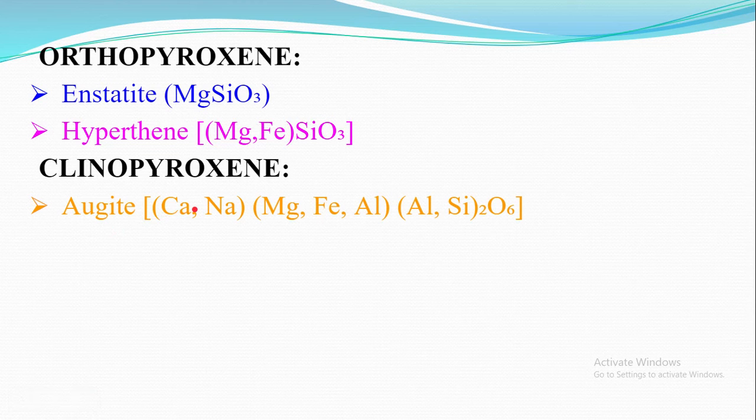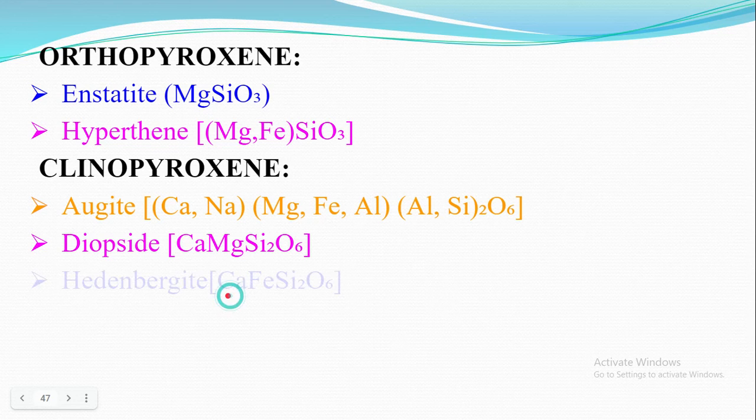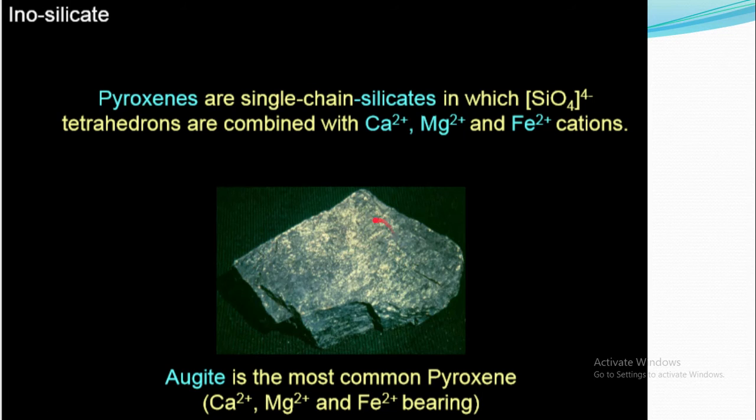You can remember all these formulas here. Then diopside, you see again calcium, magnesium; hedenbergite, calcium, iron. So if you go on, you will have mainly iron and magnesium. So you see that color. These are single chain silicates in which SiO4 tetrahedra are combined with calcium, magnesium and iron cations.